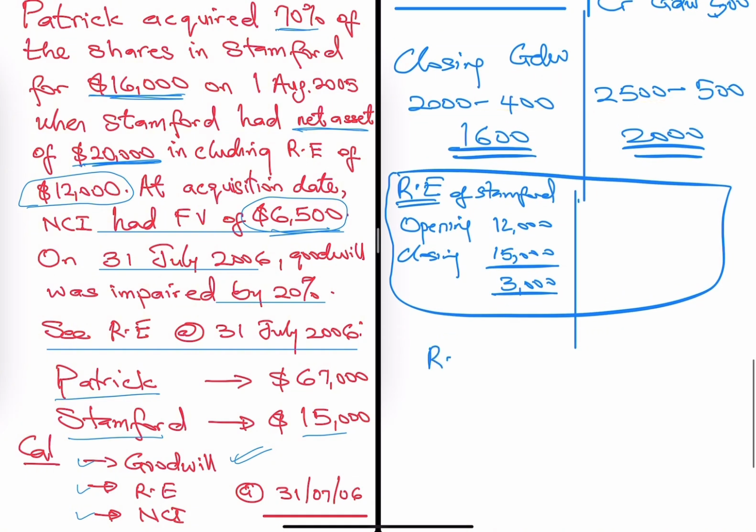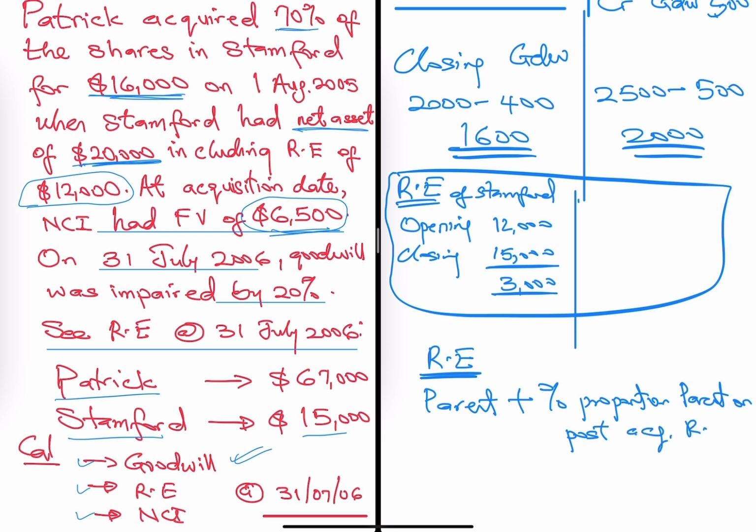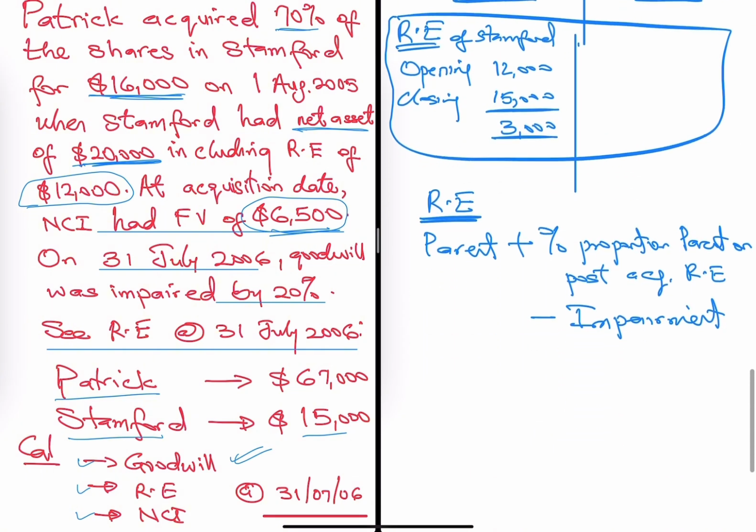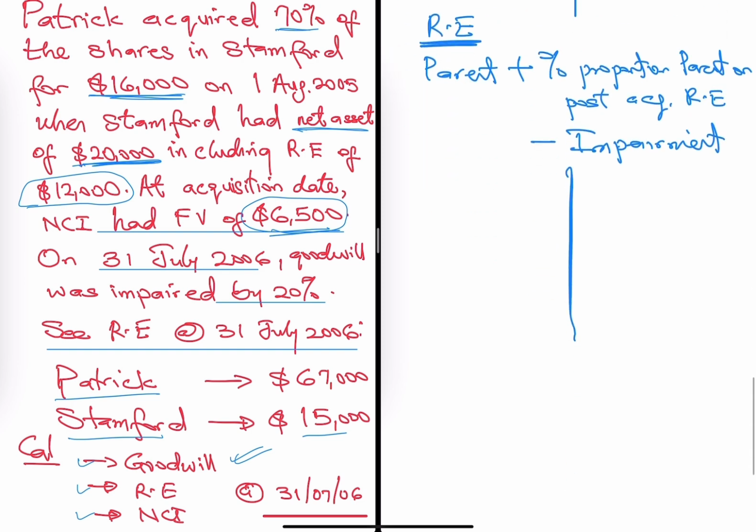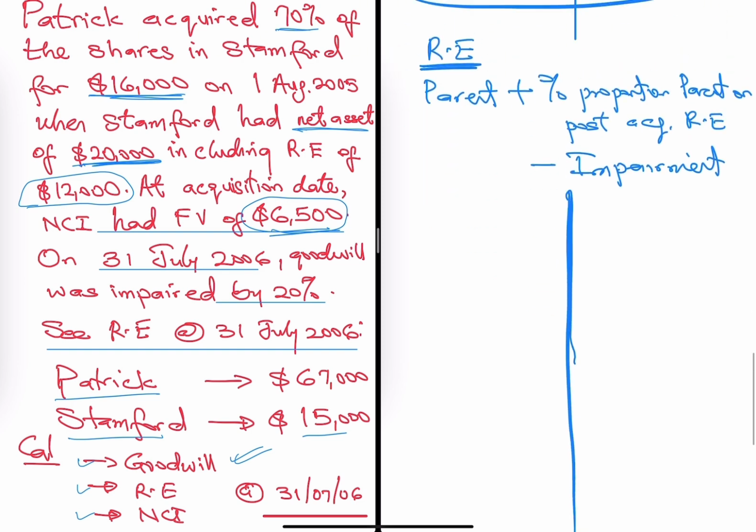So to get retained earnings now, remember the formula is you have to do the parent plus percentage proportion of parent on post-acquisition retained earnings, less any impairment, for sure. Okay, so in this case, let's apply to the same column in those two scenarios.